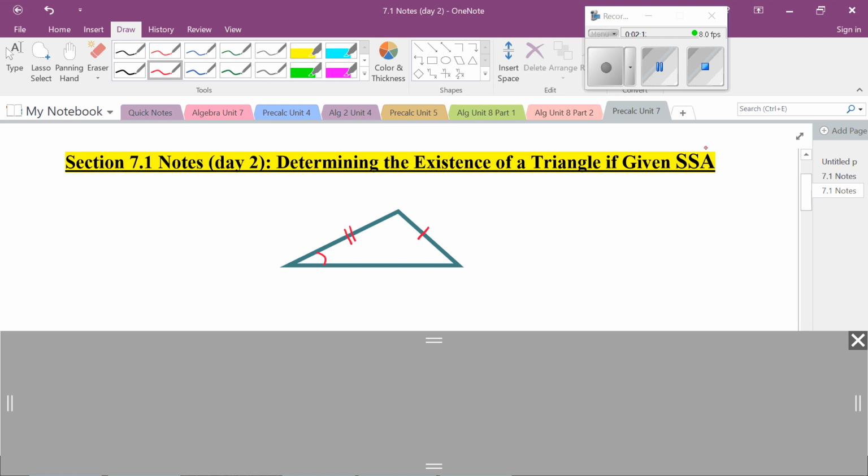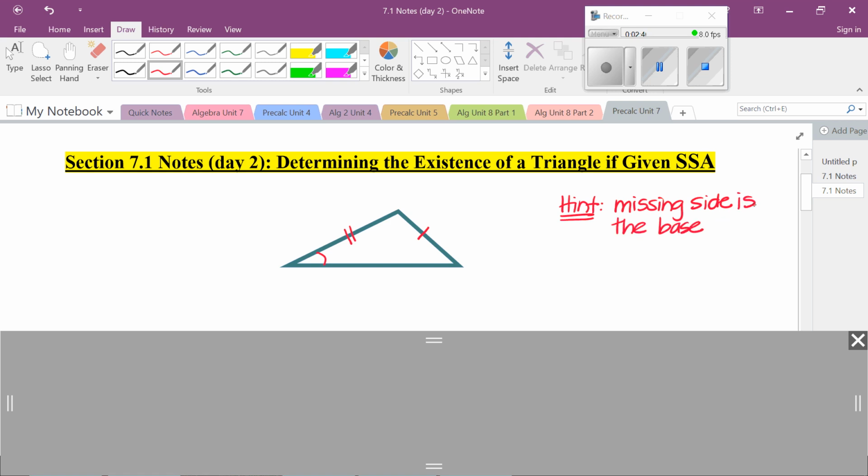Because SSA triangles are a little bit more complicated than AAS or ASA, one hint that I hope you will use, it's technically a strategy, is when you're drawing your triangles, make sure that your missing side, whatever side they don't give you, is the base. In SSA they give you two sides, so there's a third one missing.